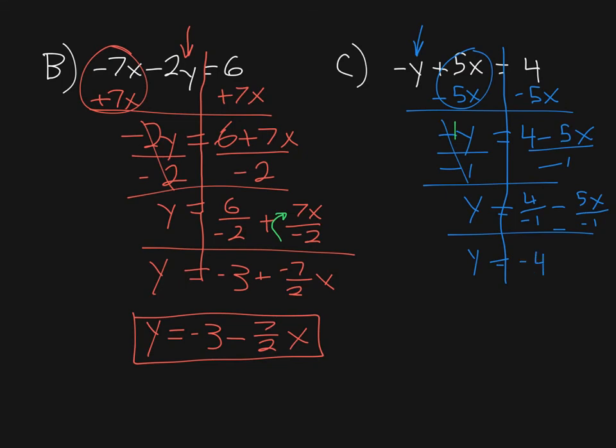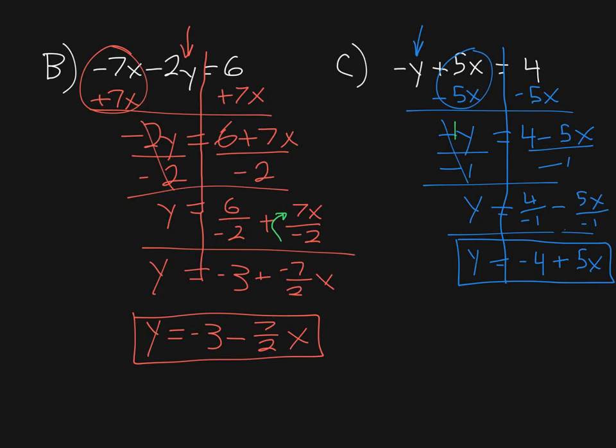Now here I have a negative 5x over negative 1, right? Because that's minus 5x. That's like negative 5. Negative divided by negative is going to give me a positive. Negative 5 divided by negative 1 is positive 5x. Now there's nothing else to simplify here, so this is my new equation.